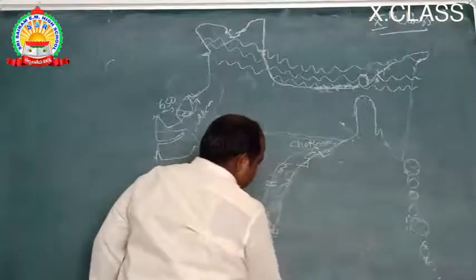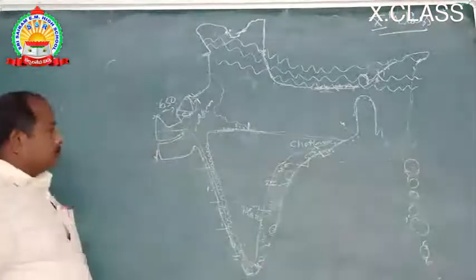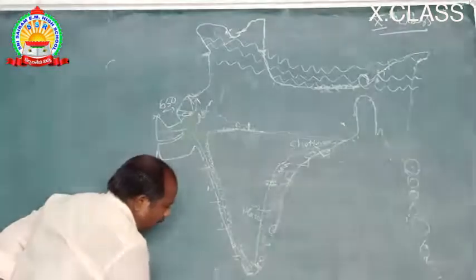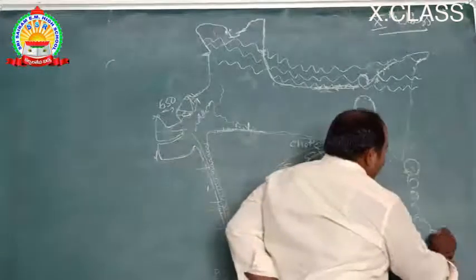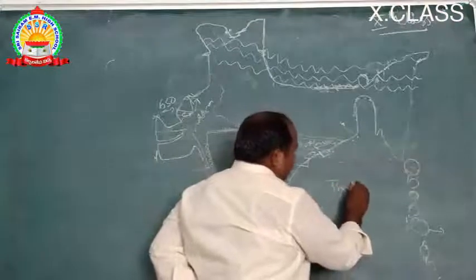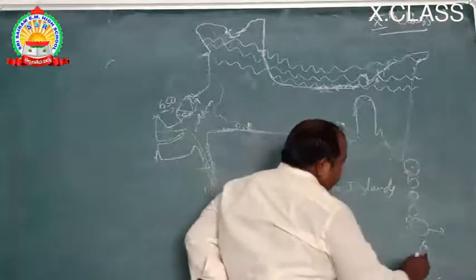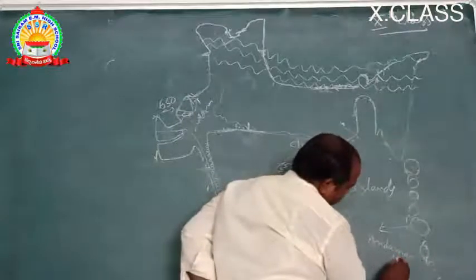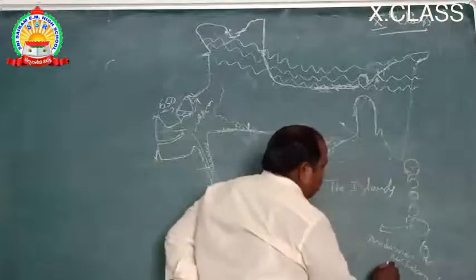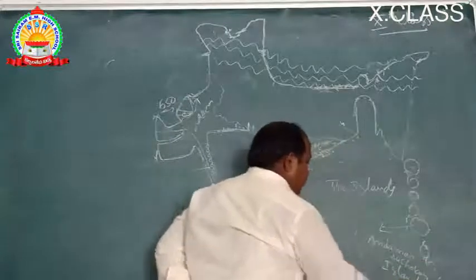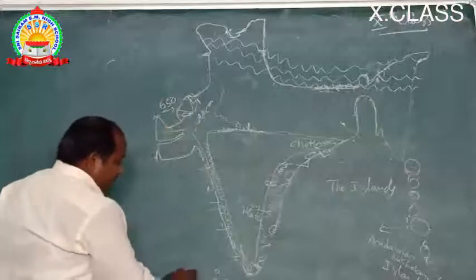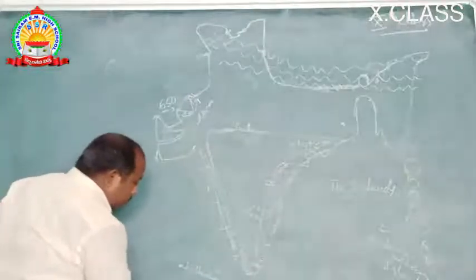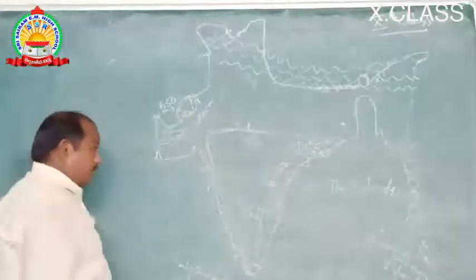There are two major island groups in India: the Andaman and Nicobar Islands, and the Lakshadweep Islands.